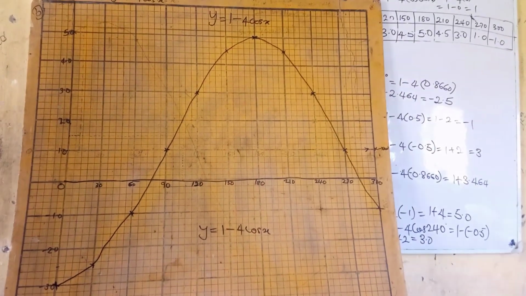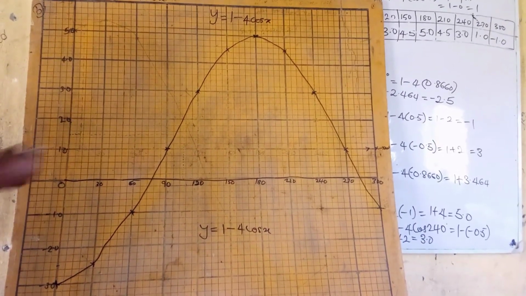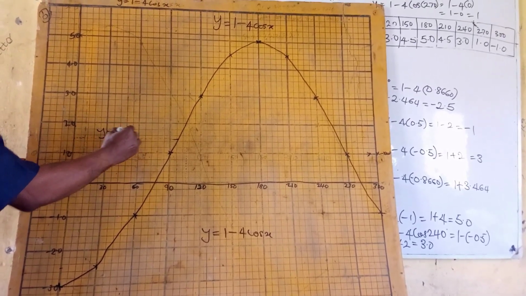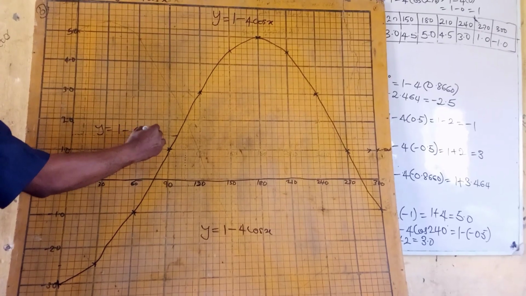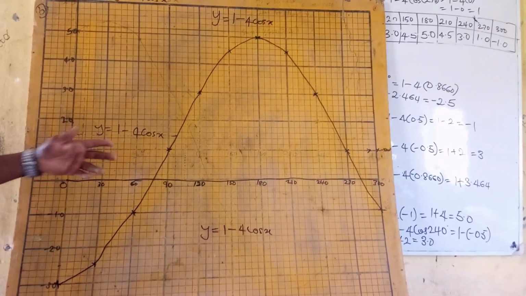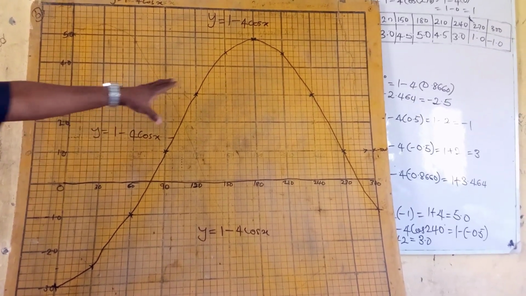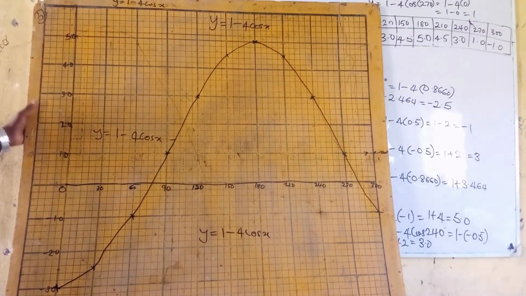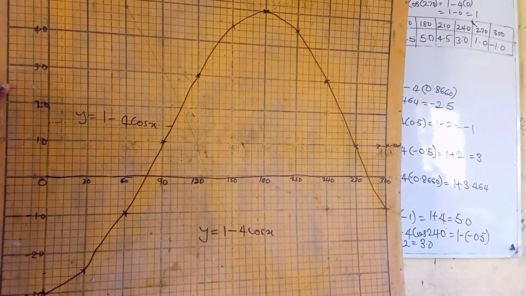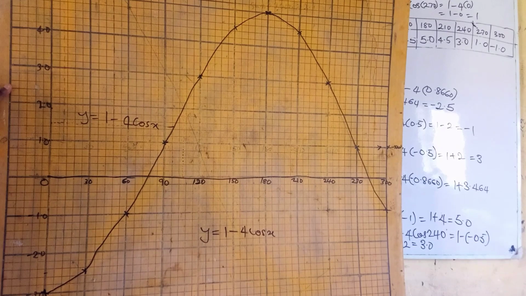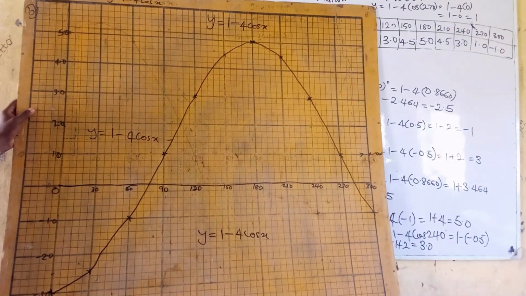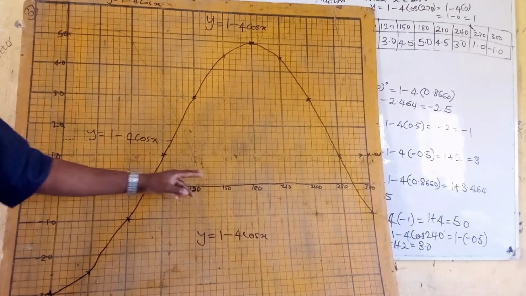So this is a function. This line itself is y equals 1 minus 4 cos x. With this graph you can answer several questions. One of the questions that was given is that we should solve the equation 1 minus 4 cos x equals 0.